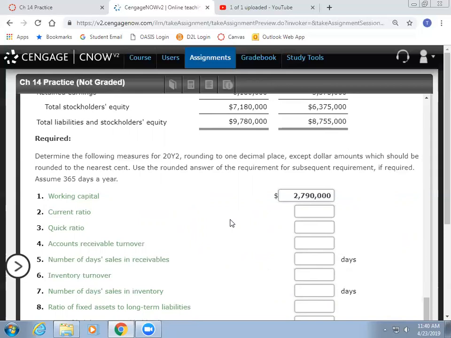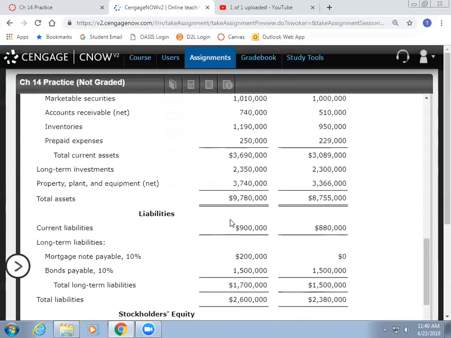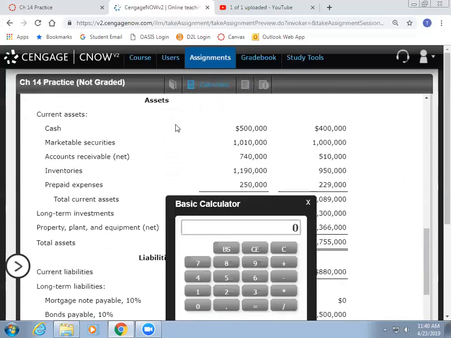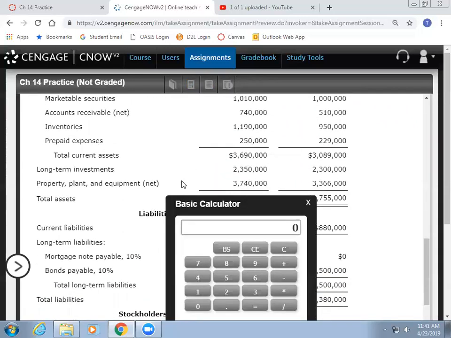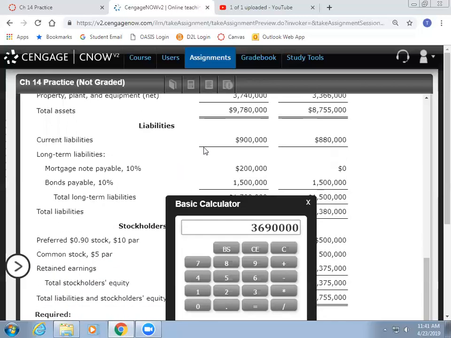Our next measure, our current ratio, is also a liquidity measurement. It's just looking at it a little different, as a ratio. So we're going to take current assets divided by current liabilities. On this one, we take current assets, which they give us the total, 3,690,000, divided by the current liabilities of 900,000.